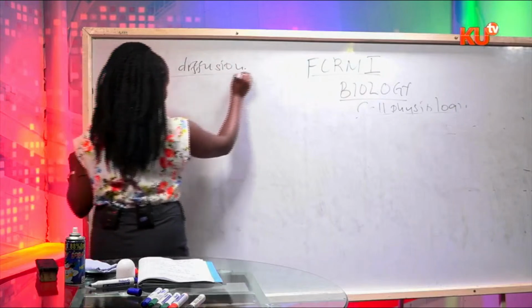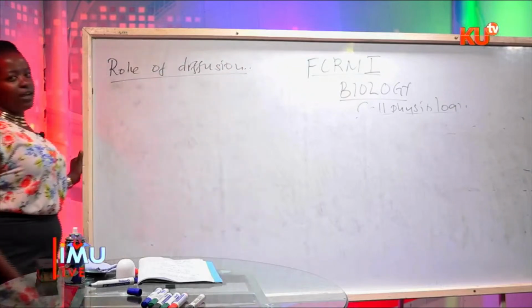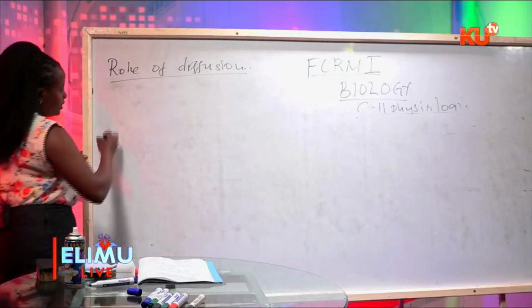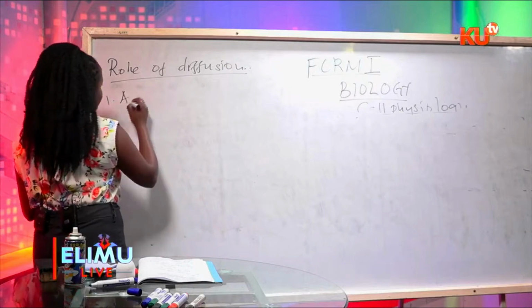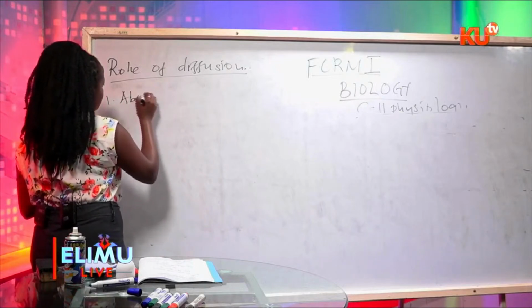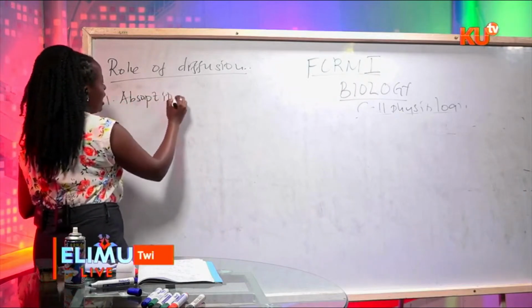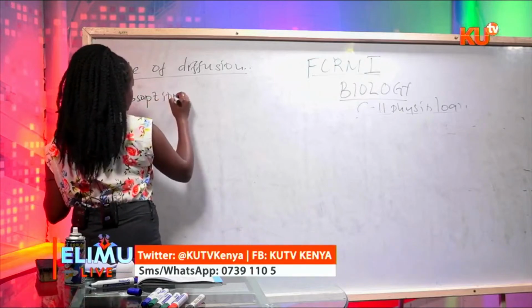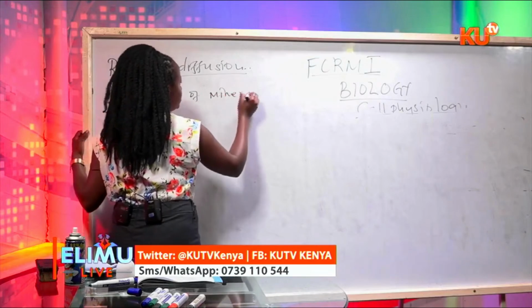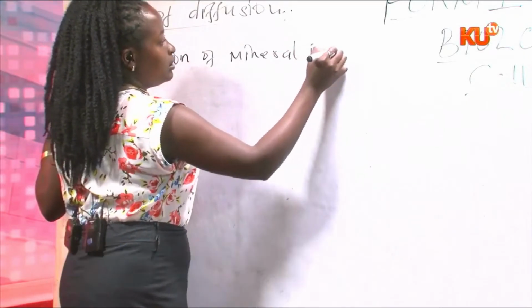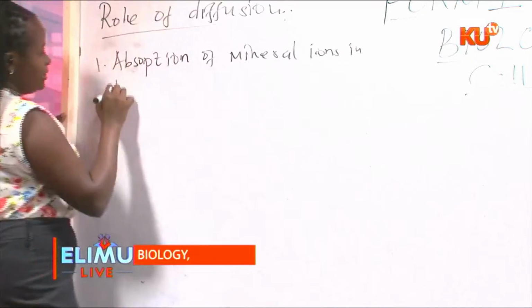So we have these major roles of diffusion. Number 1, diffusion helps in absorption of materials in plants. It helps in absorption of mineral ions in plants.